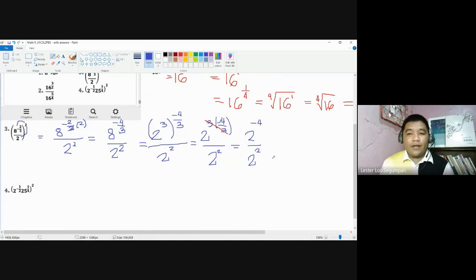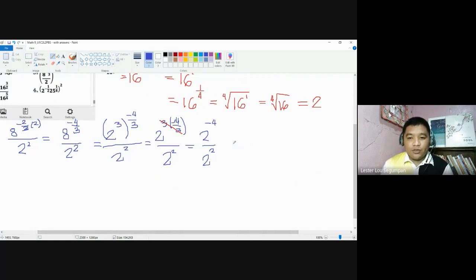From here, you could have two options. Number one is to apply the division law, and since they have the same base now, you have 2 to the power of negative 4 minus 2, which yields 2 to the power of negative 6. Since the exponent is negative, we apply the law of negative exponent by moving it down, leaving 1 in the numerator.